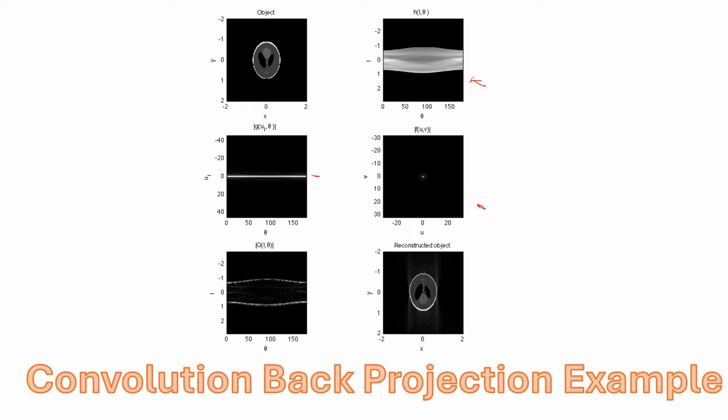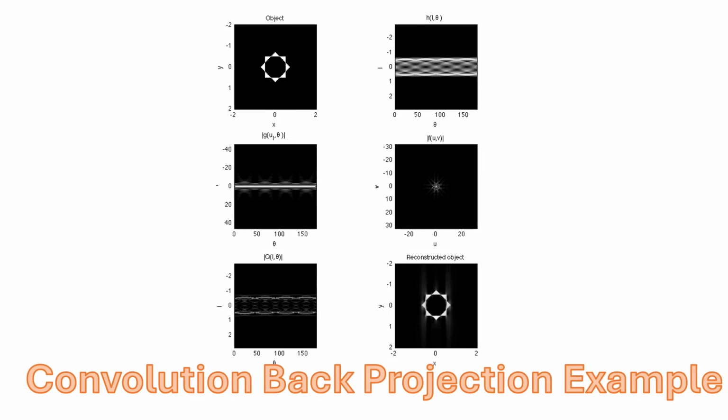The object has non-negative density, so in this case, the Fourier transform is highly centered at the origin. We've kind of unwrapped it with respect to theta to get this version of the slices, but we weight that by the magnitude of the Fourier coefficient, and what that does is emphasize the high frequency. So this is taking this function and weighting it by the filter function, and then we back project that to get the reconstructed object as shown here.